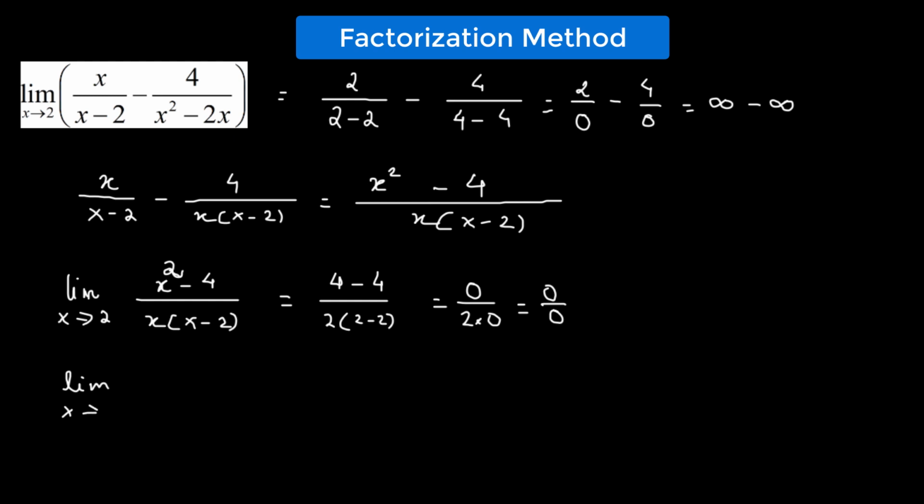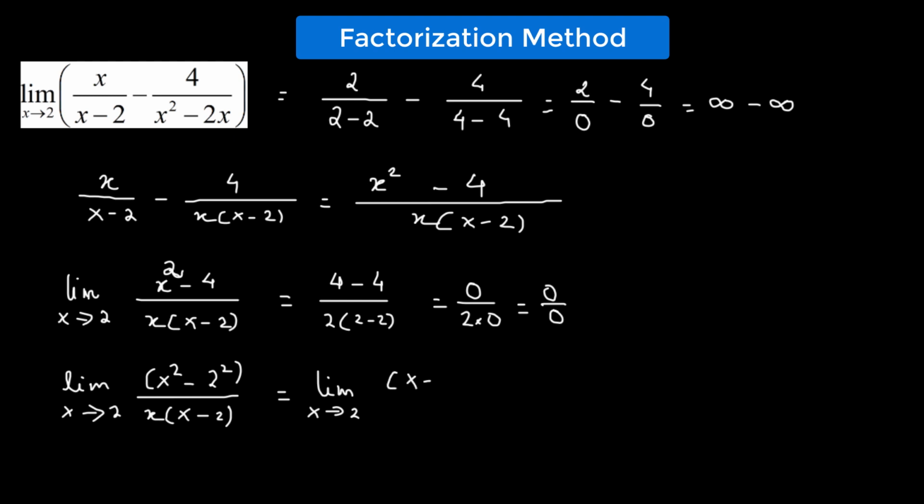So now we have to factor out x minus 2 from both the numerator and the denominator. So x squared minus 4 can be rewritten as x squared minus 2 squared, divided by x times x minus 2, which gives us the limit as x goes to 2. So we're going to use the identity a squared minus b squared is equal to a minus b times a plus b.